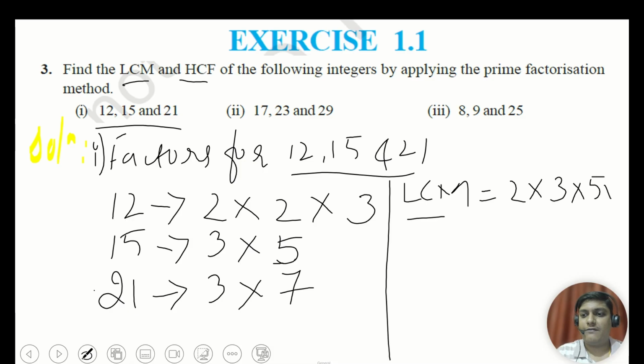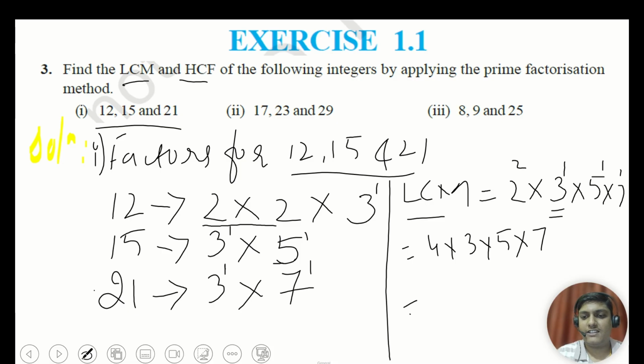Then you see the highest power of each. The highest power of 2 is 2, the highest power of 3 is 1, of 5 is 1, and of 7 is 1. So the LCM is 2 squared, which is 4, into 3 into 5 into 7. 4 3s are 12, 12 5s are 60, 60 7s are 420. So 420 should be your LCM. I hope this is clear.